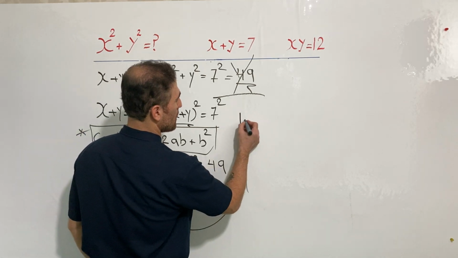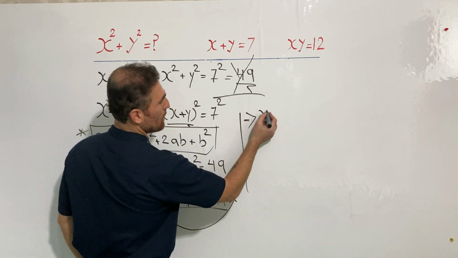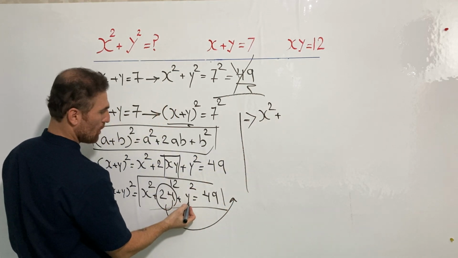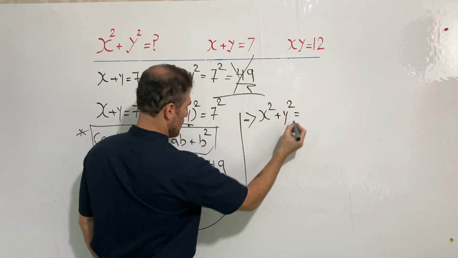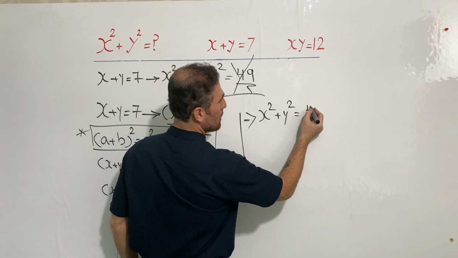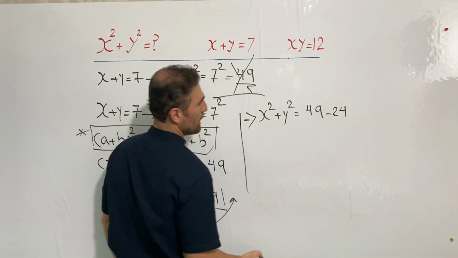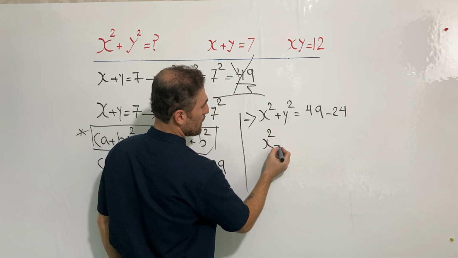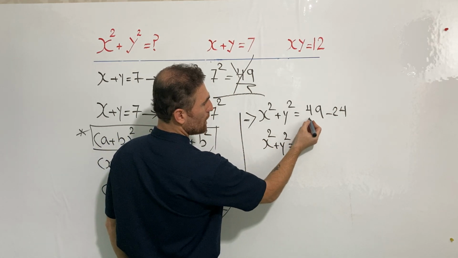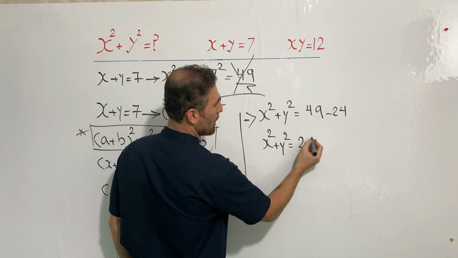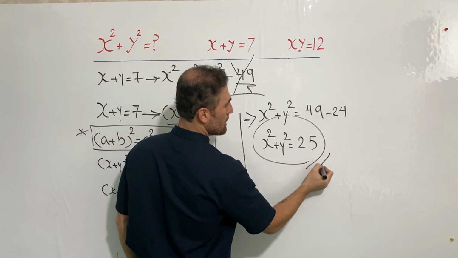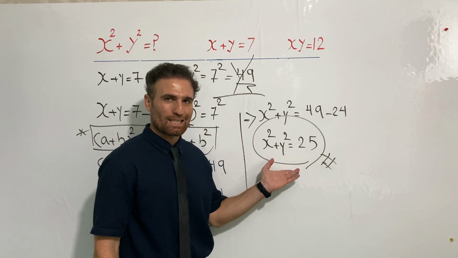So x squared plus y squared is going to be 49 minus 24, or 25. And this is the correct answer.